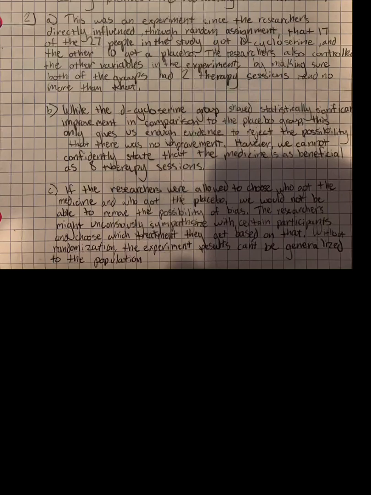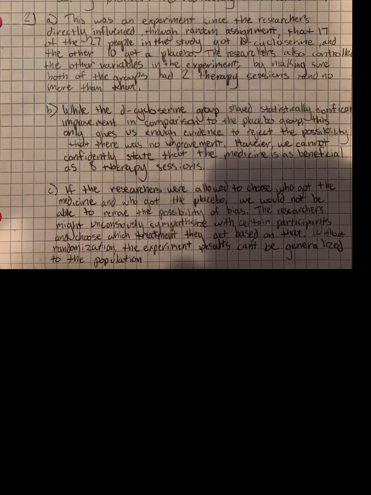But in this situation, the researchers are directly saying, okay, 17 of you are going to randomly get a medicine pill, and 10 of you are going to randomly get a placebo, but no one's going to know which one you're getting, so that people don't have a placebo effect.